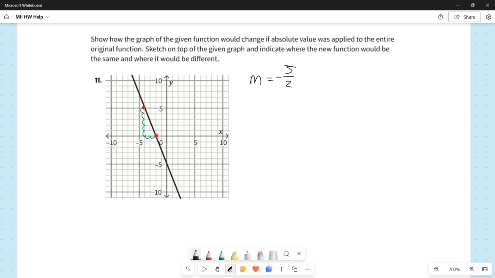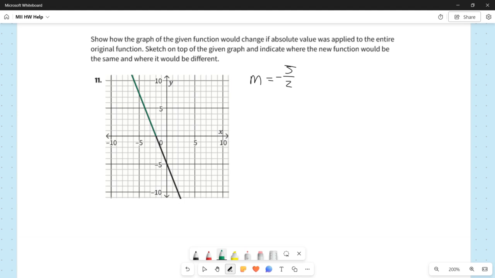So the negative piece of my graph here, it says to trace over the existing graph, so I'll go ahead and do that. That green piece right there is part of my absolute value graph.